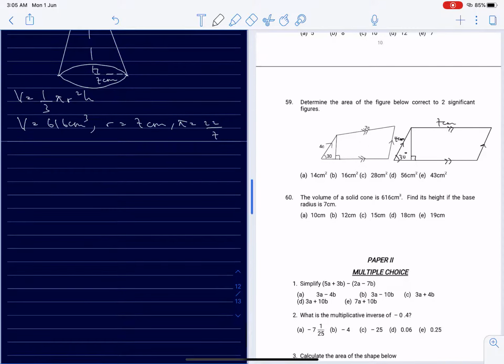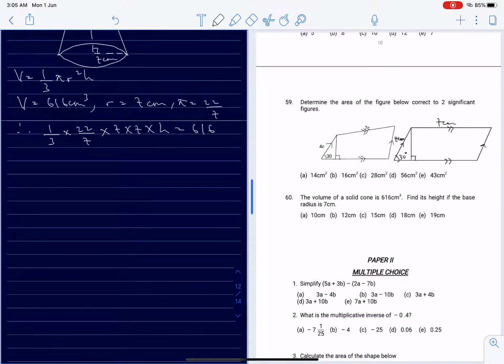Now how do we find height? That means 1/3 times 22/7 times r squared, which is 7 times 7, times h is 616.